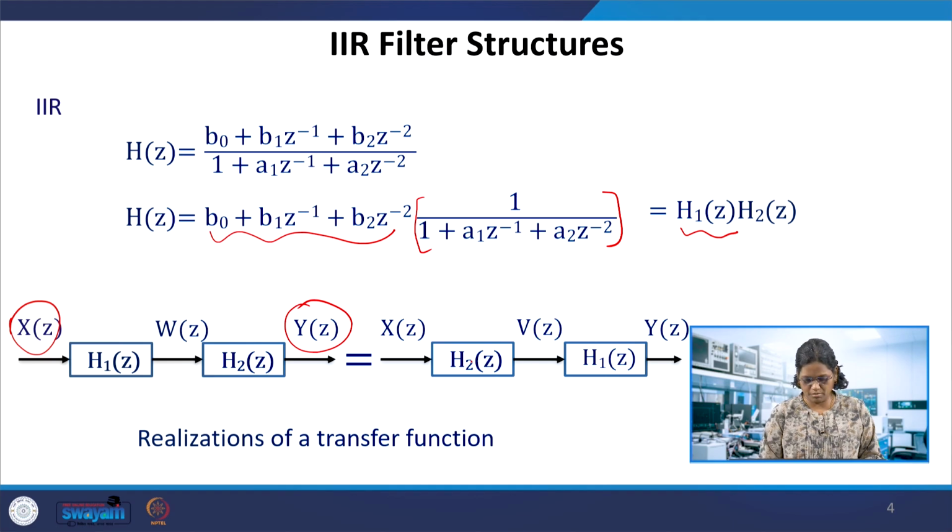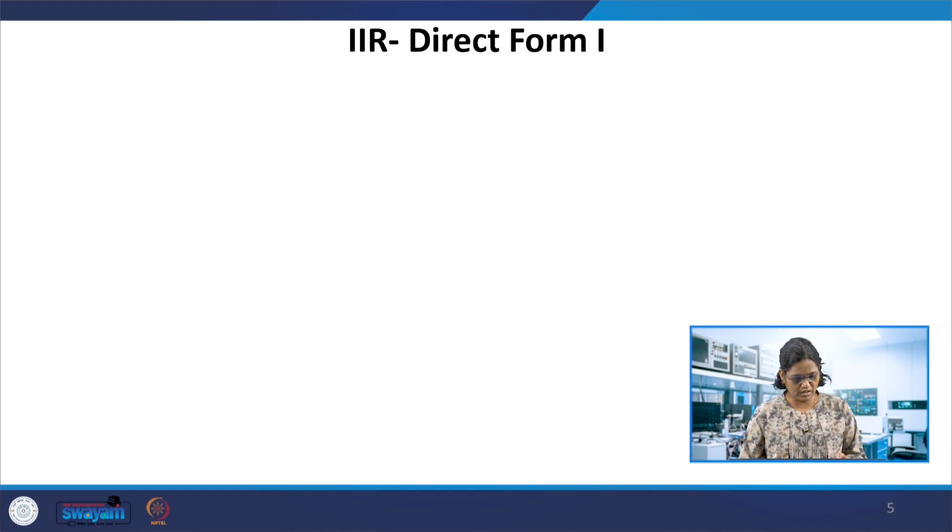Cascading can be either H1 first and then H2 later, or H2 first and then H1. So two ways this structure can be developed. If this is H2, V of z by X of z is H2, and H1 is Y of z by V of z. We'll keep this H1 and H2 as such and just interchange their positions and see the structures of that.